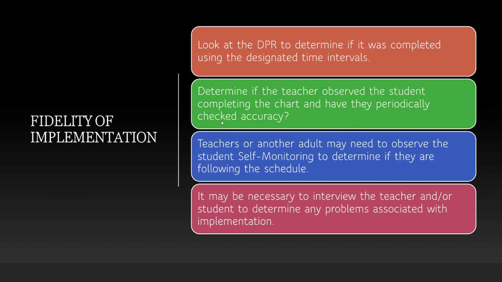Teachers or other adults may need to observe the student self-monitoring to determine if they are doing so at the appropriate schedule the team has set. It may also be necessary for the person looking at fidelity to interview the teacher and the student to determine if there are any problems associated with the implementation.